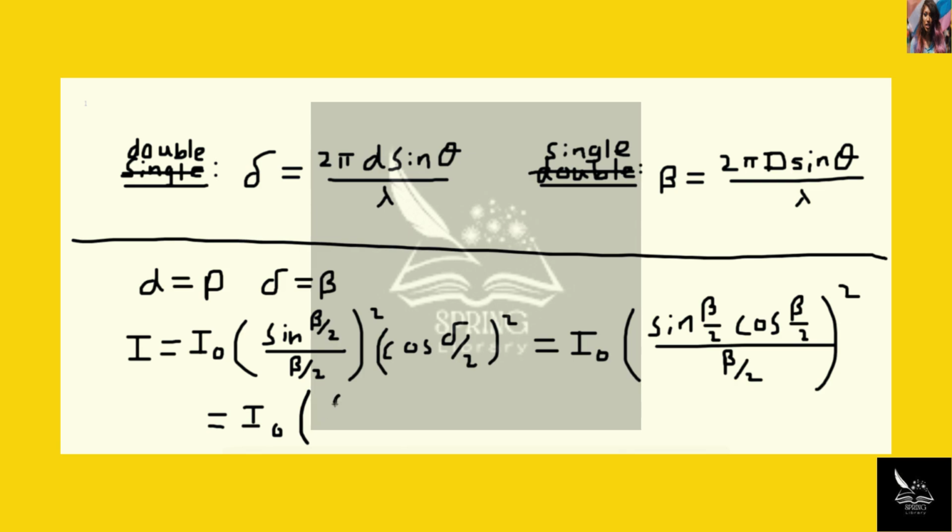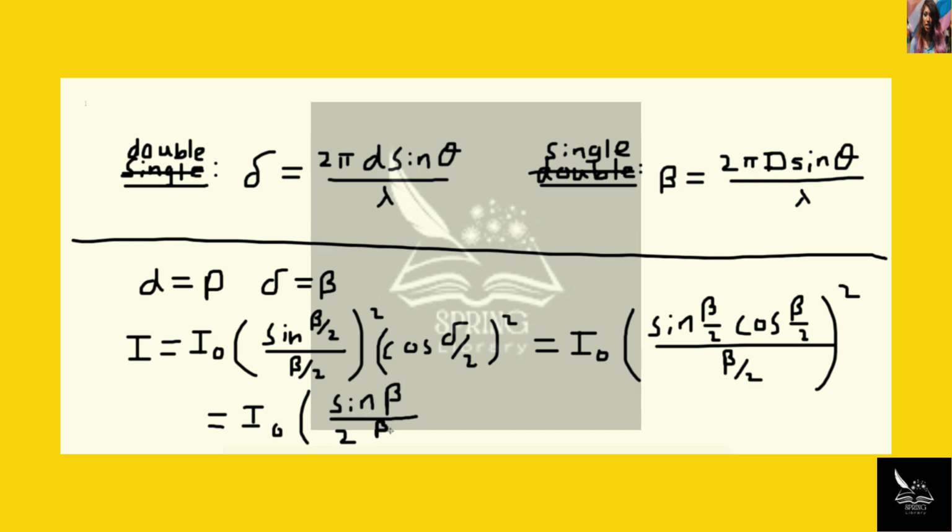So if we simplify using this, we have I naught times the sine of beta divided by 2, because the sine of an angle times the cosine of an angle is the sine of 2 times that angle divided by 2. So the sine of beta over 2 times the cosine of beta over 2 is equal to the sine of beta all divided by 2.